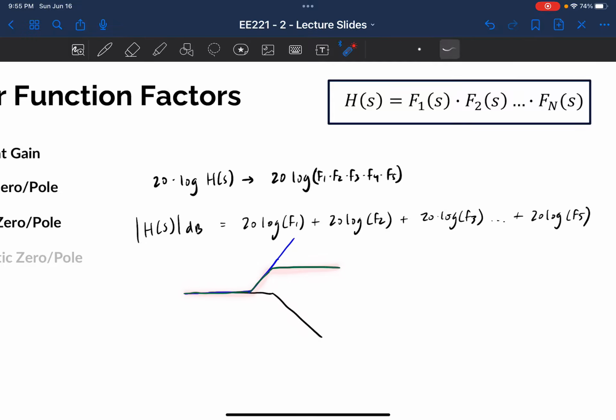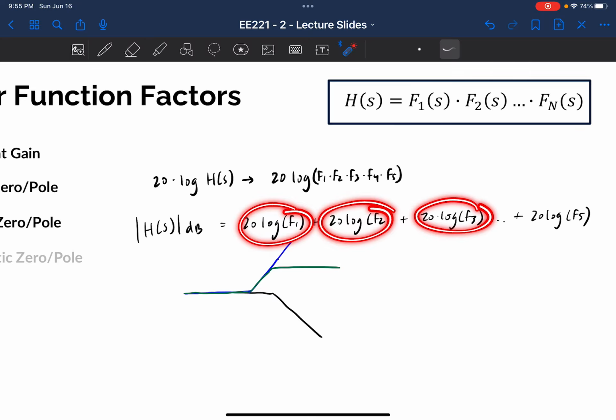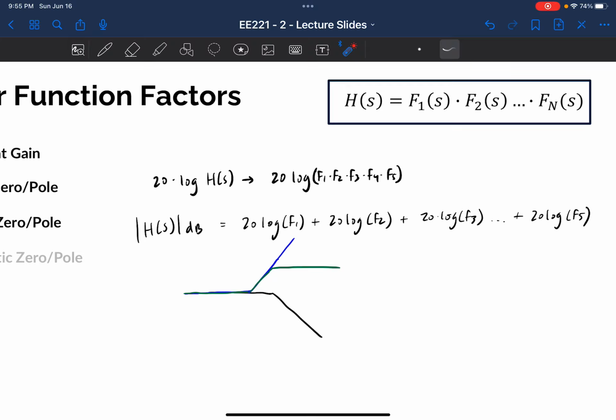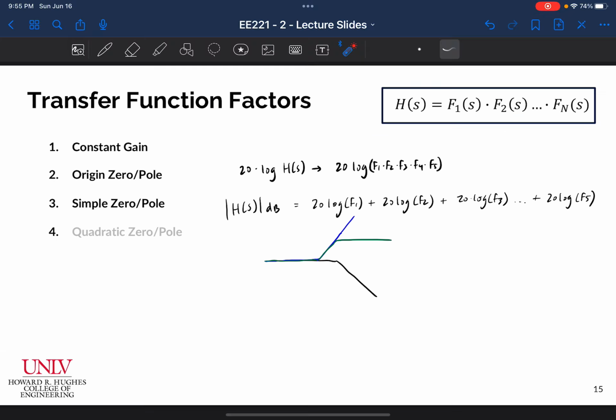So all I have to do is individually sketch these Bode plots, which are not difficult to do because we're basically going to look at what a constant gain term looks like. We're going to look at what origin zeros and poles look like, and we're going to look at simple zeros and poles. I'm going to leave quadratic zeros and poles out for now because we're trying to get through some of this material and the math gets pretty heavy, and it's just, you know, the same principles apply, but just to keep things simpler, we're just going to look at these three in this class.